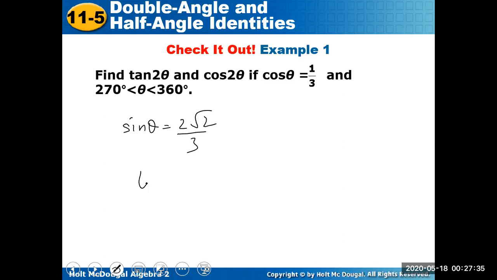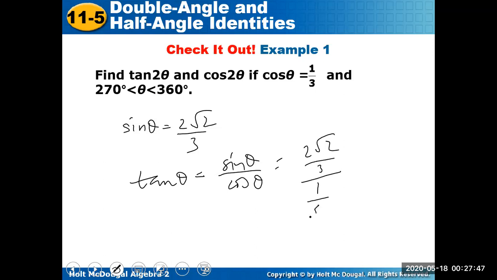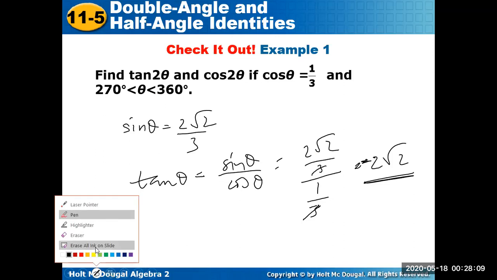So to find tan theta, I will be doing sine theta over cosine theta, which is 2 root 2 over 3 divided by 1 over 3. The 3s cancel. It will be 2 root 2 over 1, which is 2 root 2. Since it is in the fourth quadrant, tan will be negative as well, because tan is negative in the fourth quadrant. So it is minus 2 root 2. Minus 2 root 2 is our tan theta.